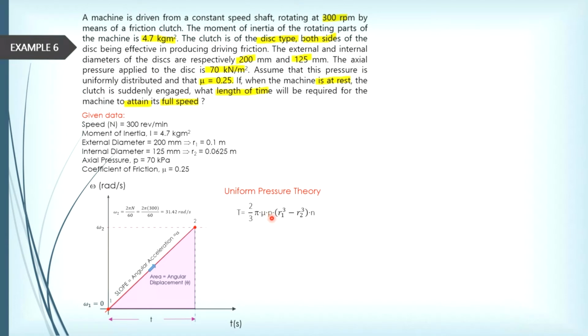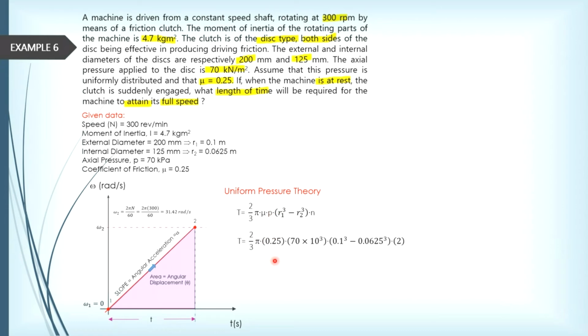Now, if you put the pressure, which is equal to force over area, pi times r1 square minus r2 square, you get the whole formula as 2 over 3 mu W, R1 cube minus R2 cube over R1 square minus R2 square, times N. Because the pressure is given, straight away we can apply this formula. Otherwise, we use the original formula.